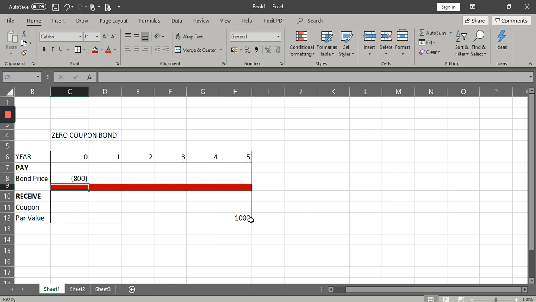With ordinary bonds, you get a coupon every year plus the par value, right? That is ordinary bonds. But if it's a zero coupon bond, you're buying at a discounted price, and you don't receive any coupon, but you're going to get a higher amount. So that is the zero coupon bond.